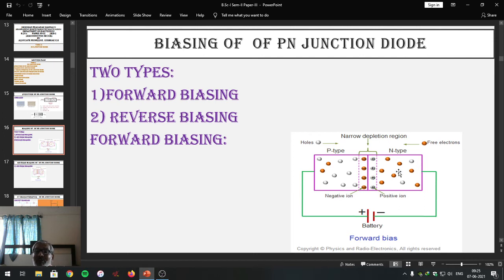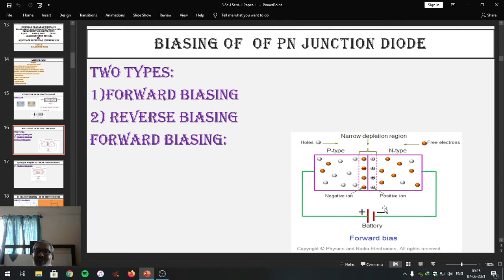When the voltage becomes exactly 0.2 or 0.6 volt, the depletion layer becomes 0. And when the width of the depletion layer becomes 0, electrons directly enter the P region and holes from the P region enter the N region, and the conduction mechanism begins within the PN junction diode.